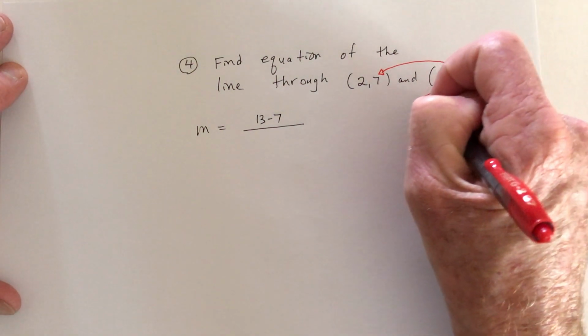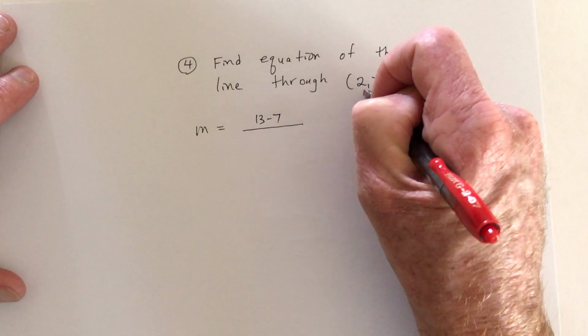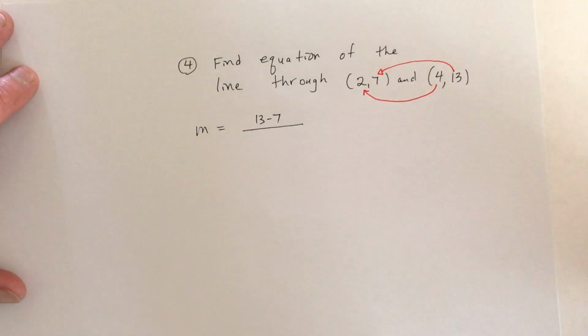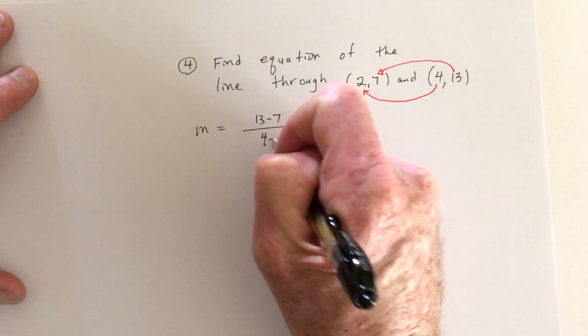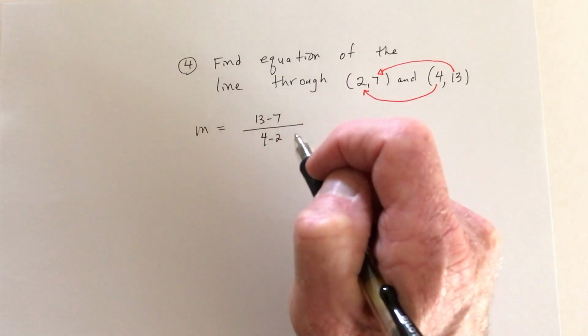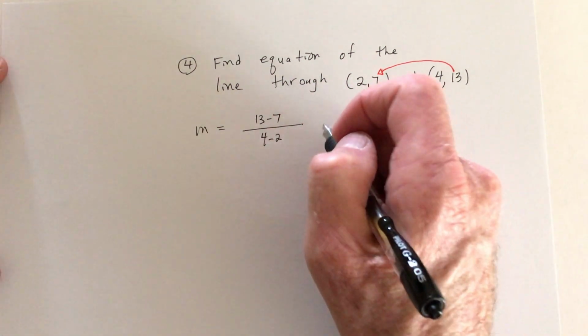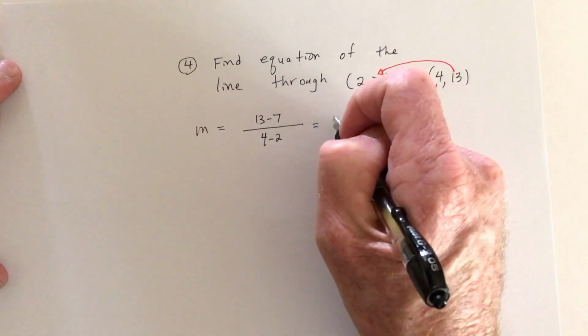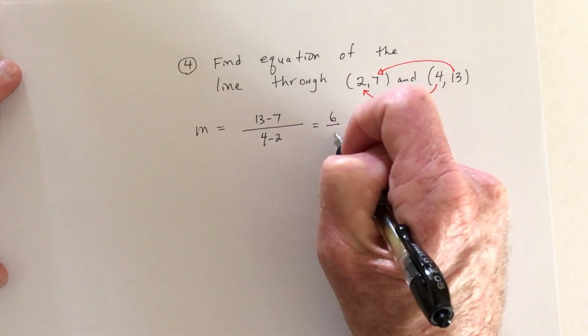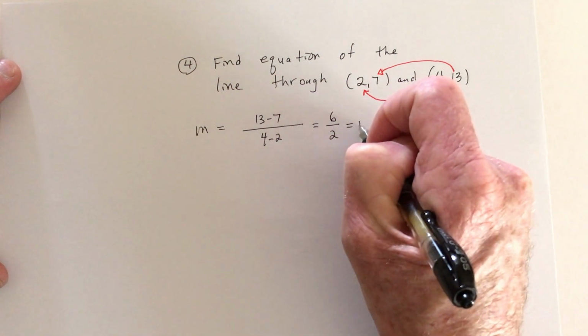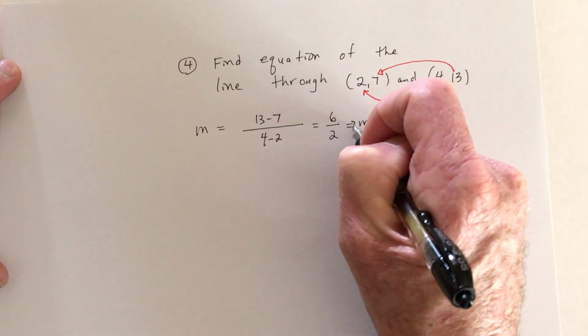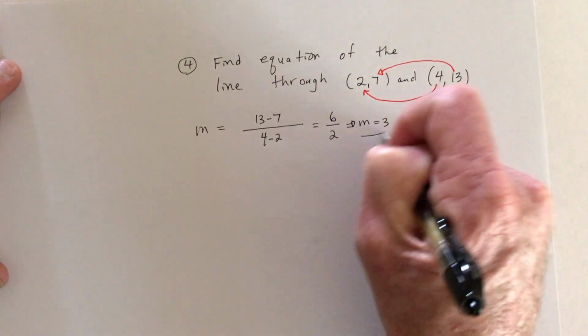And then you subtract, and you just have to go in the same direction. So it's going to be the 4 minus the 2. So on the top, 13 minus 7 is 6. On the bottom, 4 minus 2 is a 2, which means that the slope is 3.